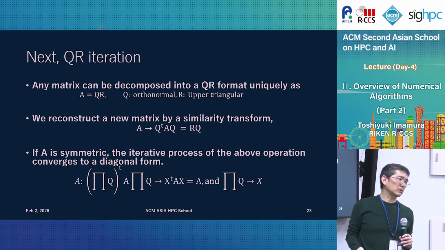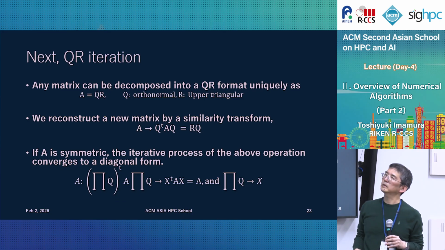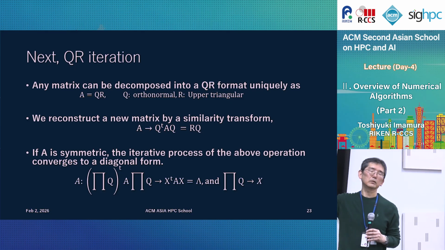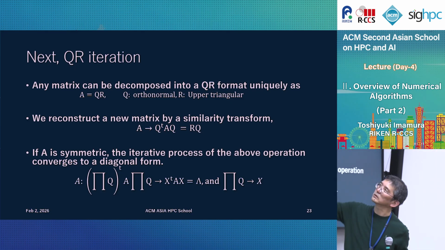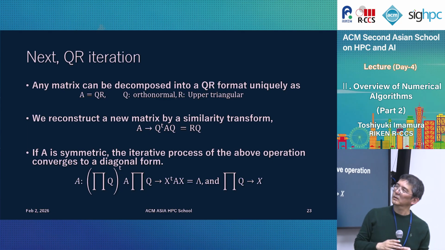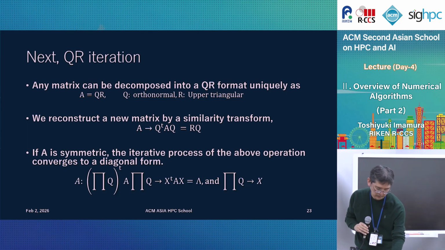I think major numerical libraries or software packages already include this process, so we can easily construct it to solve the eigenvalue problem. Okay, so this is the QR iteration.